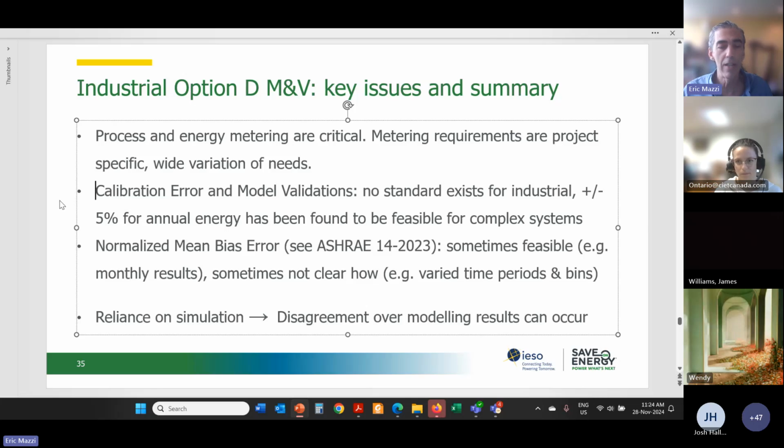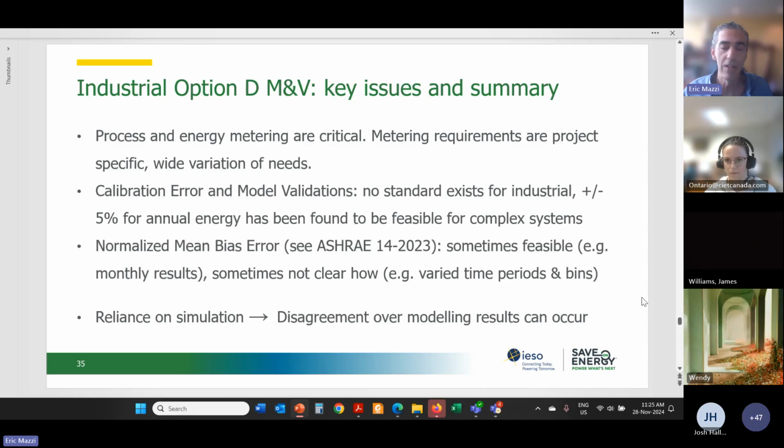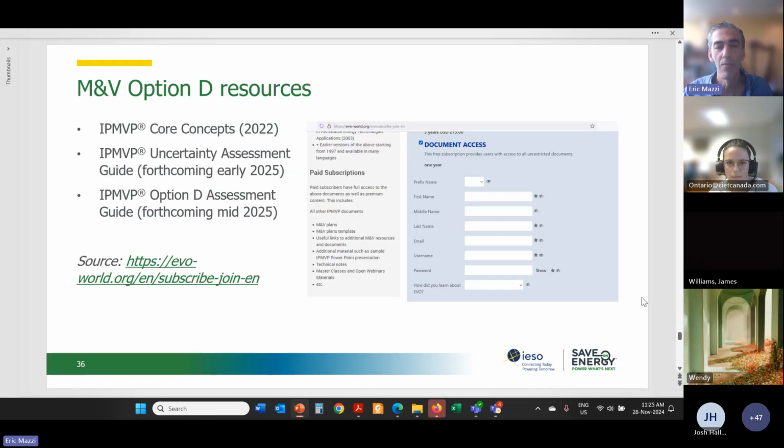I just want to mention, I didn't have time to get into it, but there are some fancier, more sophisticated ways to do calibration error, such as ASHRAE 14 which has normalized mean bias error, which I've used. And again, when you're in option D, by definition, it means you're relying on simulation models, and there can be disagreements, and that's inevitable across a large number of projects.